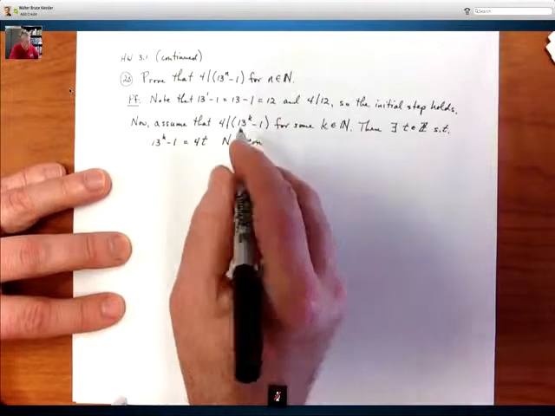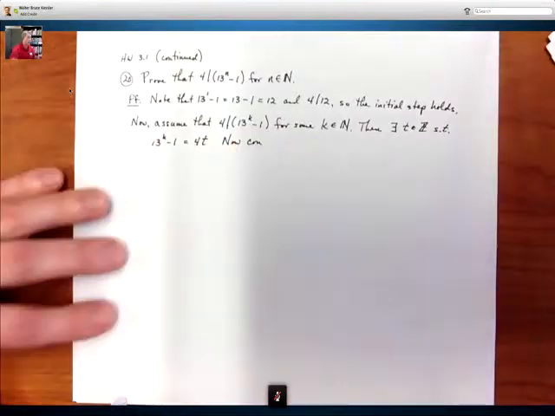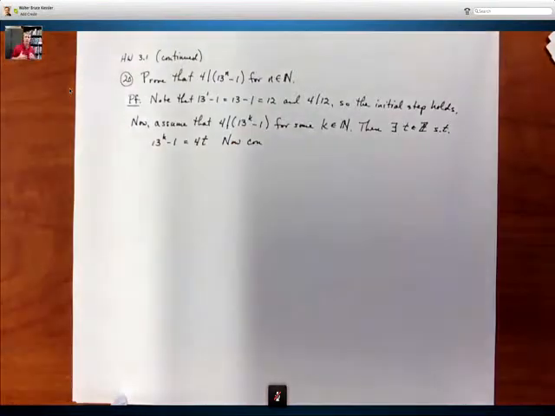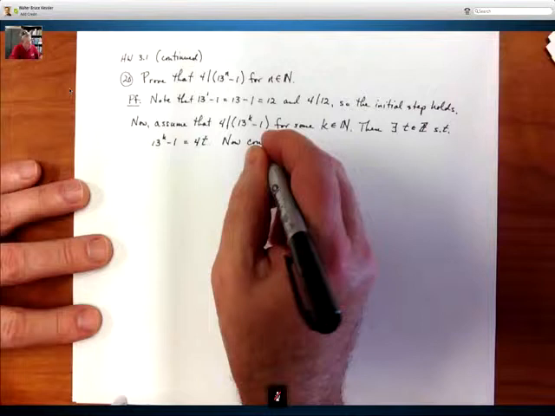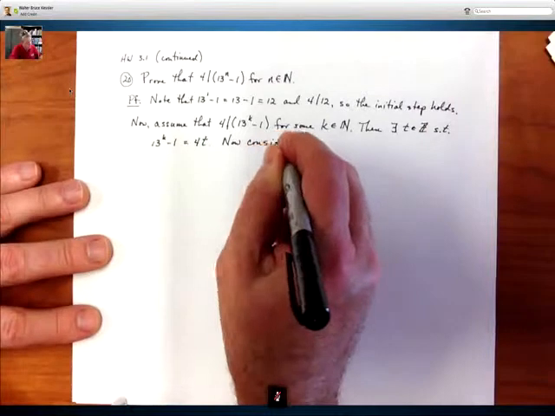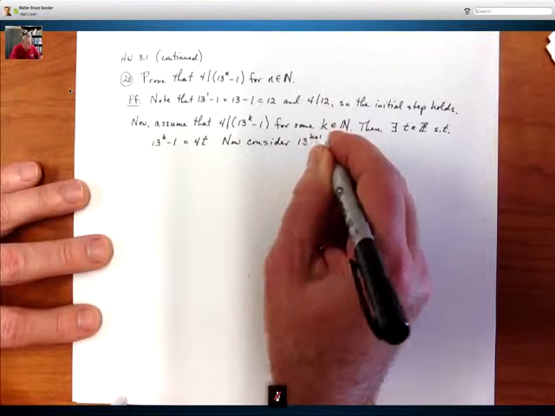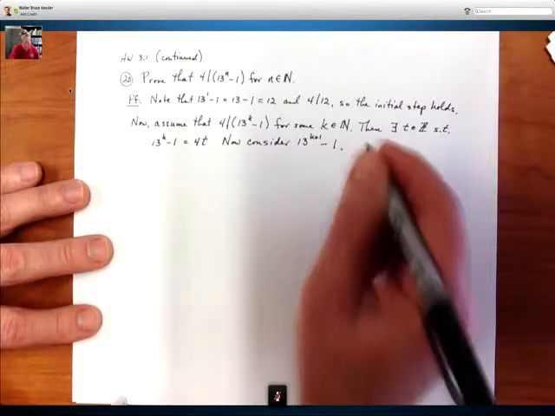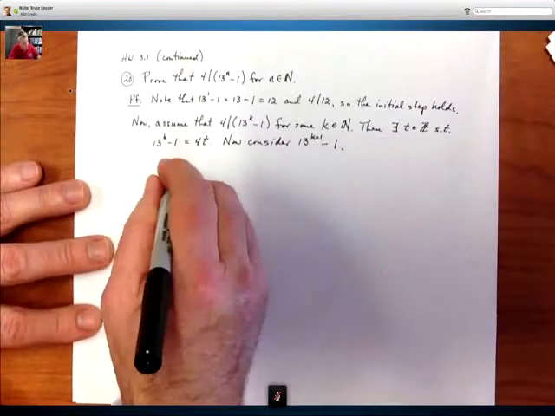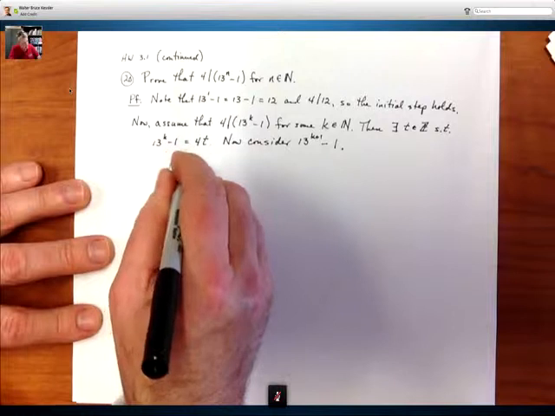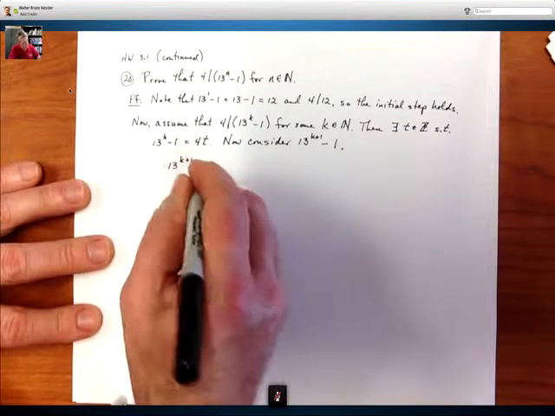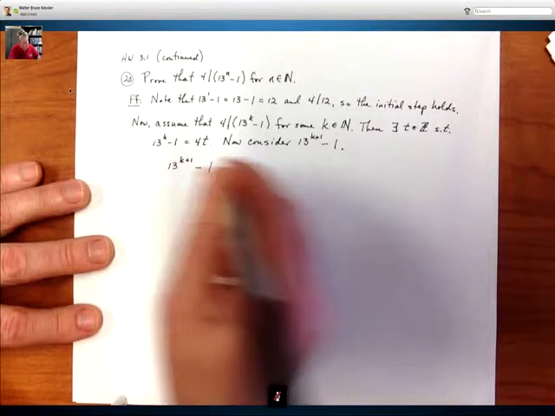Now what I'd like to do is take a look at 13 to the k plus 1 and show that because we've assumed this, we can then assume that. So now consider 13 to the k plus 1 minus 1. So I'm going to put this over here: 13 to the k plus 1 quantity minus 1.